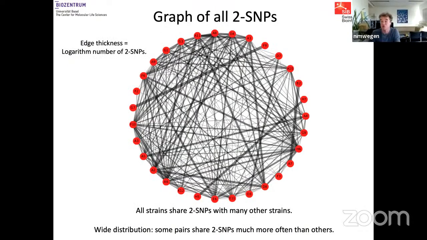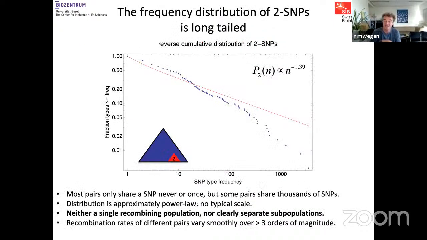And so you can, for example, look at the distribution of all pair SNPs. And you see that every strain tends to occur in pair SNPs with lots of other strains, but with a very non-uniform distribution. Some pairs are much more common than others. If you make a histogram of the distribution of pair SNPs, you find that these distributions have actually long power law-like tails.